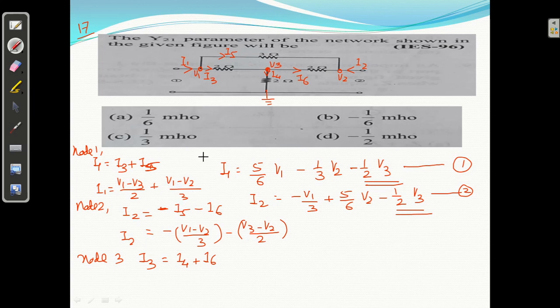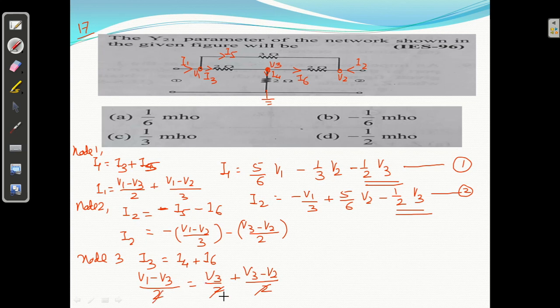So what is the value of I3? V1 minus V3 upon 2 equals I4, which is V3 upon 2, plus I6, which is V3 minus V2 upon 2. So 2 will be cancelled everywhere.